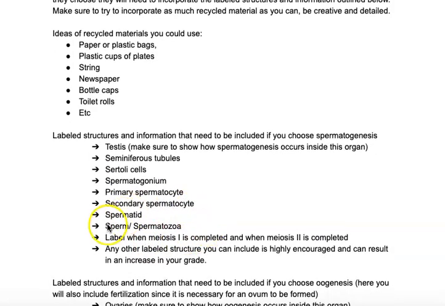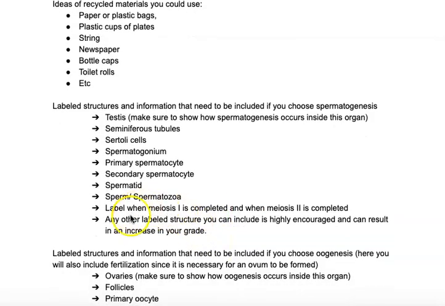And where the sperm is. All of these labels are required, they're necessary. Please make sure to label when meiosis 1 is completed and when meiosis 2 is completed, so you don't have to explain it, but you need to label where this is occurring.